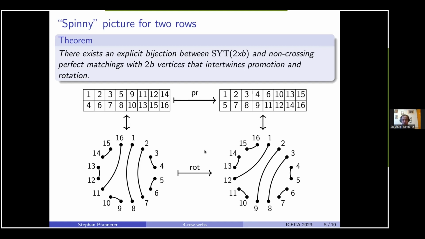And this actually proves the first theorem from before, because if you now rotate n times, you definitely get back the same matching as before. And with some algebraic tricks, you can also get this result by Brandon Rhodes giving the cyclic sieving polynomial. So this is the 2-row case.